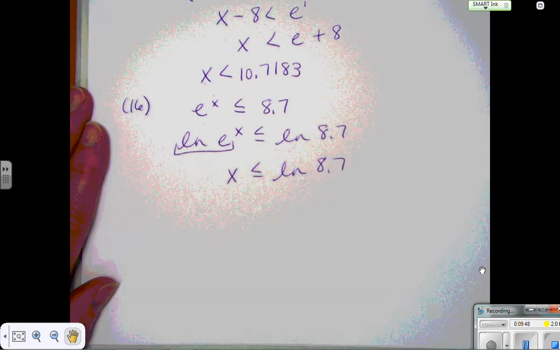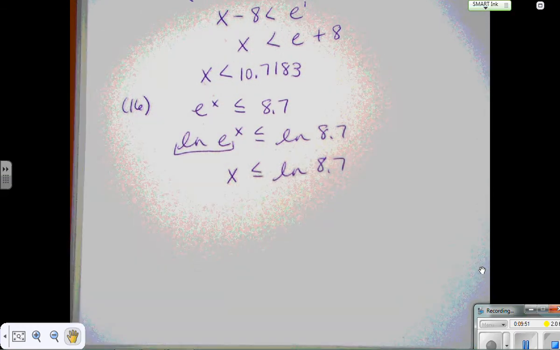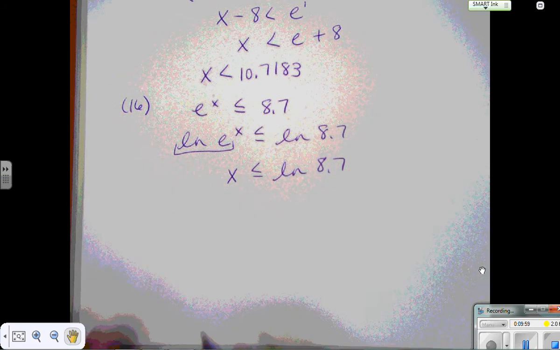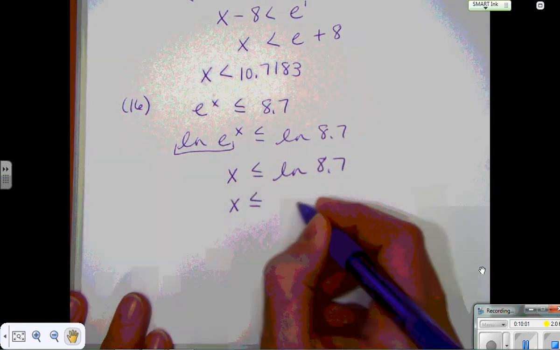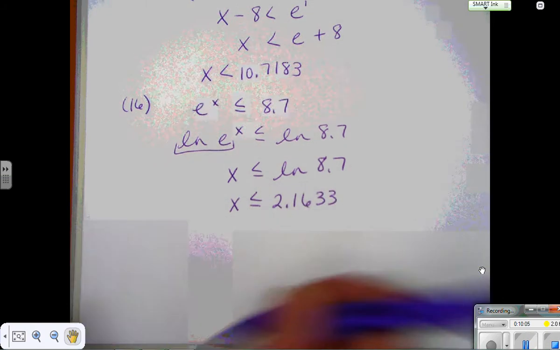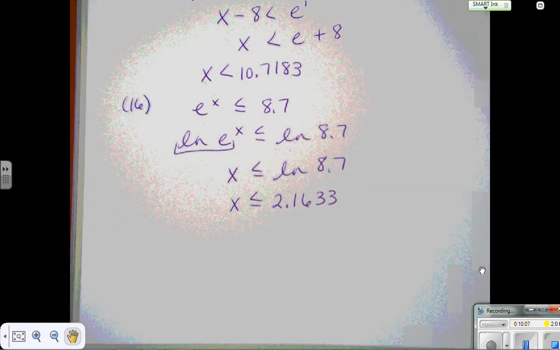Then you just need to type in ln of 8.7 and get a value for that. So I'm getting that x is less than or equal to 2.1633. Any questions?